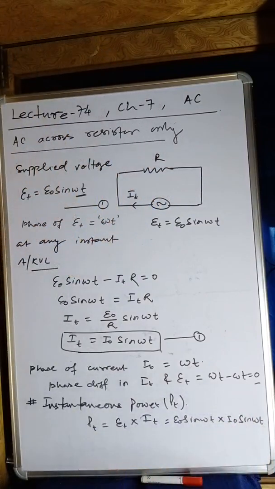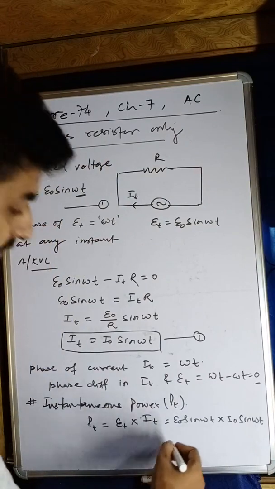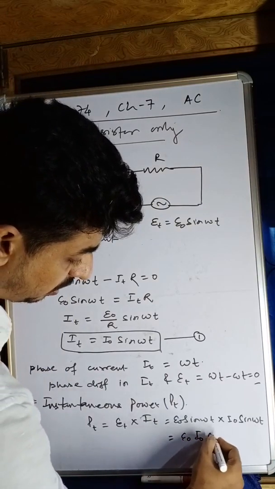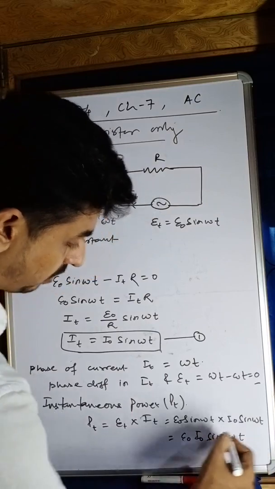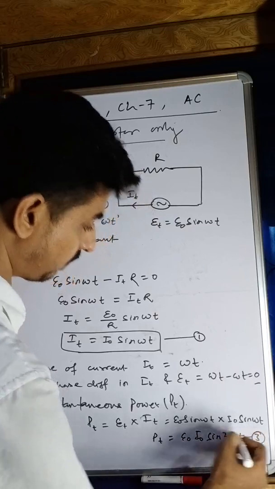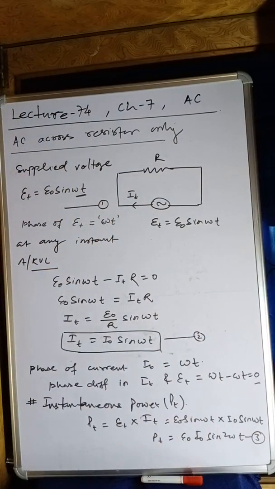Why? Because we have E(t) and I(t) here. We can write it as E0 I0 sine square omega t. This is equation number 3. This is the instantaneous power.